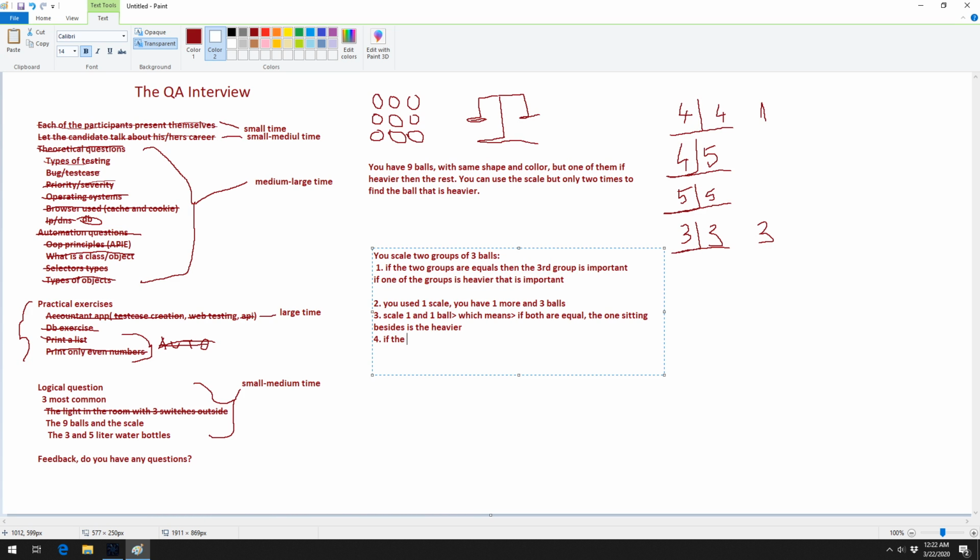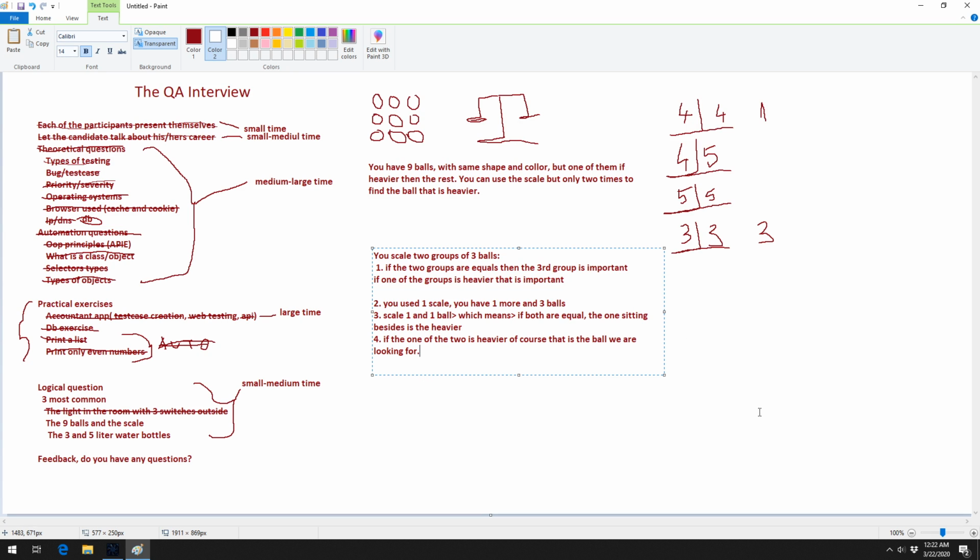For if one of the 2 is heavier, of course that is the ball we are looking for. Okay, did you get it?